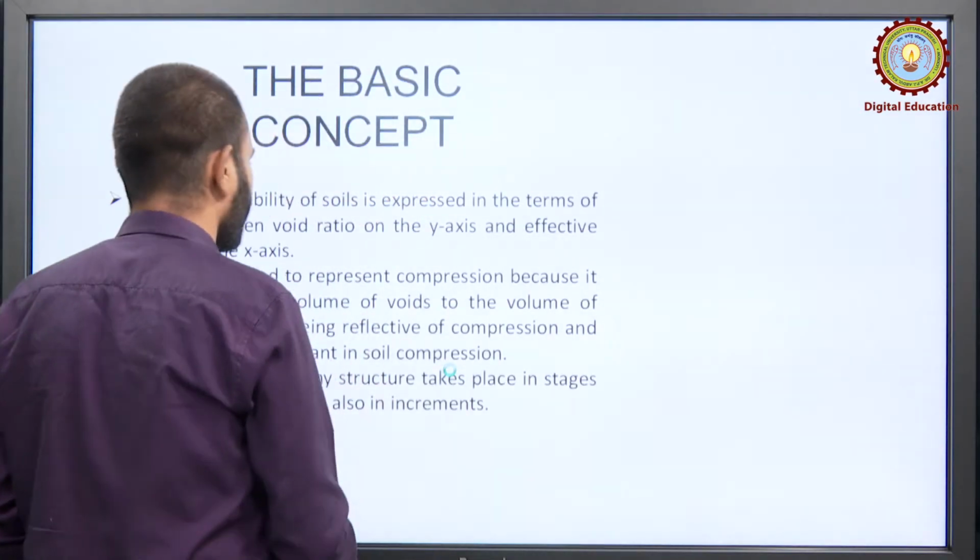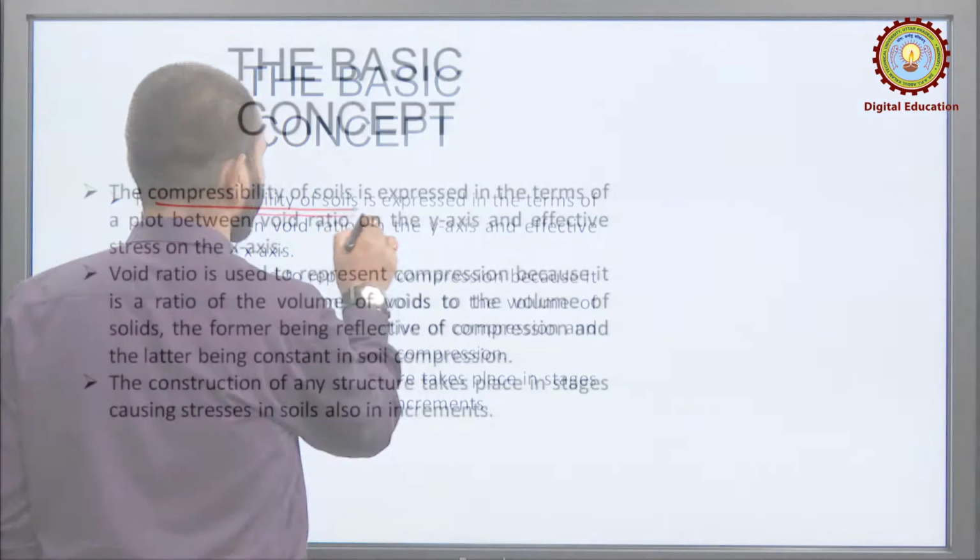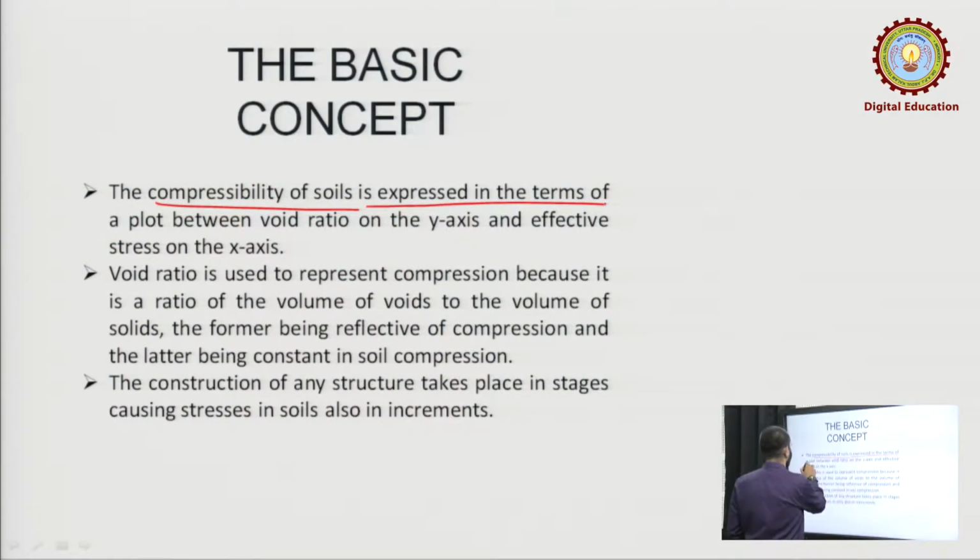The basic concept: the compressibility of soil is expressed in terms of a plot between the void ratio on the y axis and effective stress on the x axis. So, what does this mean?